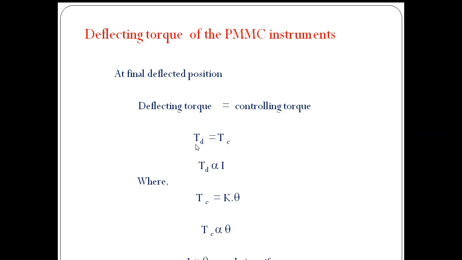So the deflection of the pointer is directly proportional to the current flowing through the coil. So in a PMMC meter, the deflection of the pointer is according to the current flowing through the coil. Therefore, the scale is a uniform scale.